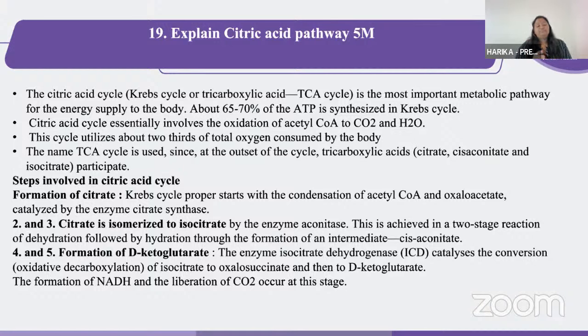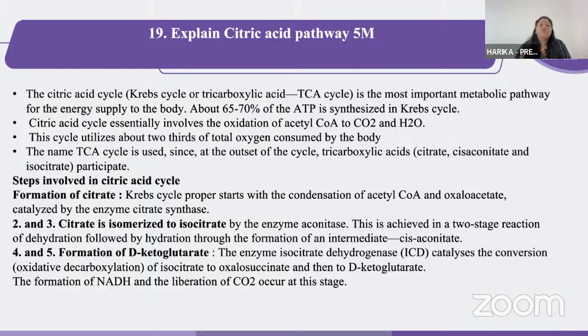The name TCA is used since the initial products of the cycle are tricarboxylic acids: citrate, cis-aconitate and isocitrate. Okay, so let us see the pathway and the steps involved in it.